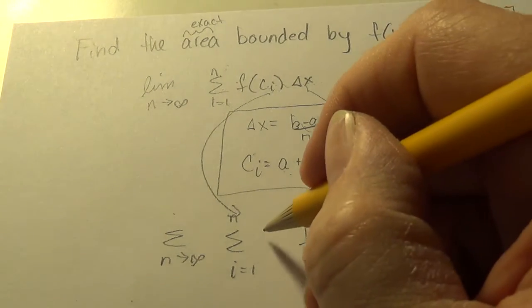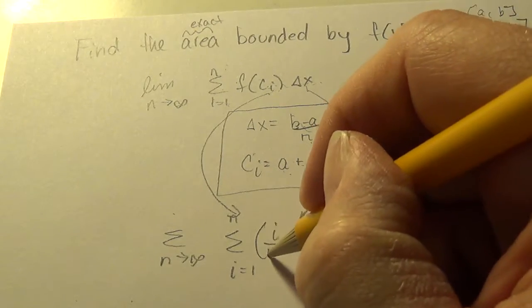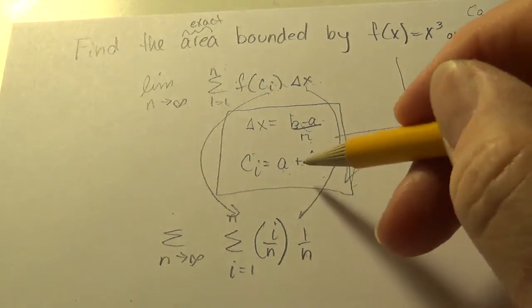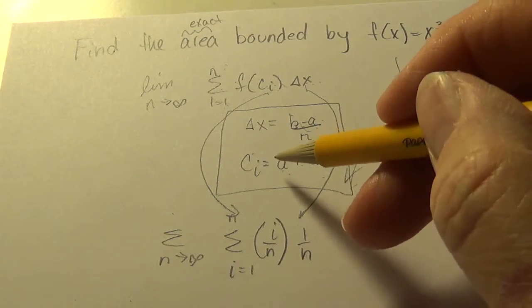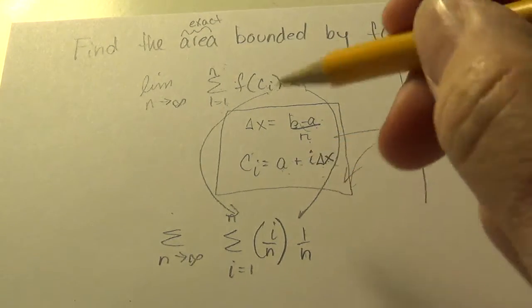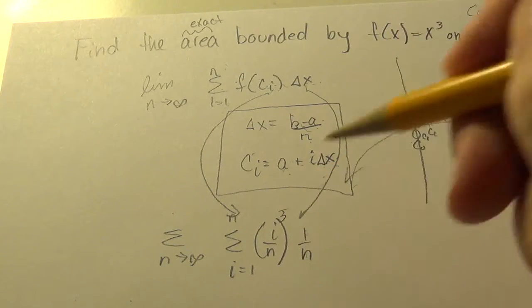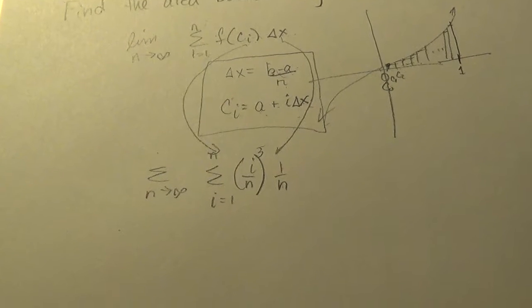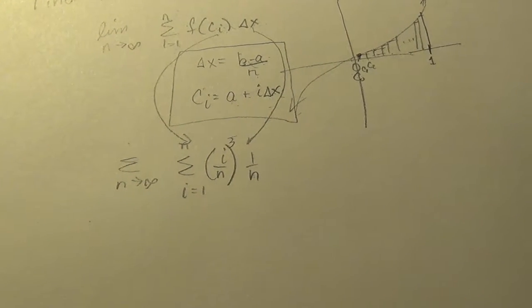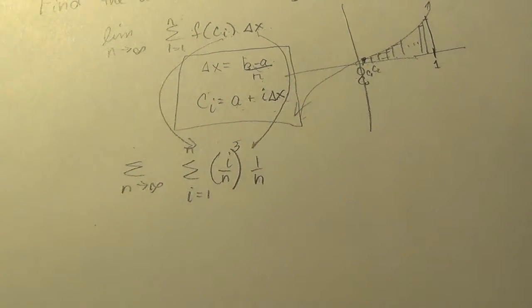So I have i over n. Again, that all came from knowing what change of x was and what a was. And this is cubed. Alright, so now all I have to do is simplify that. And hopefully I will find one of our keys in the middle of it all.